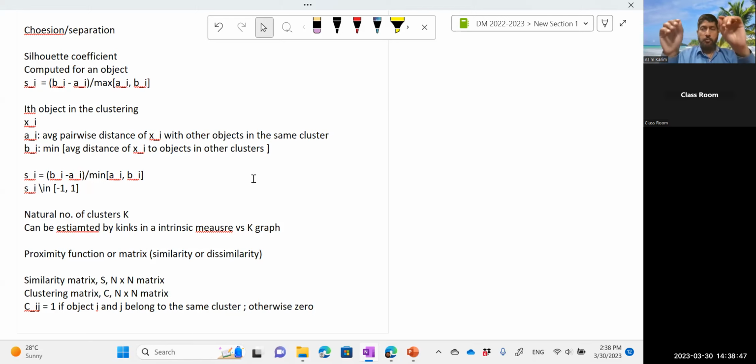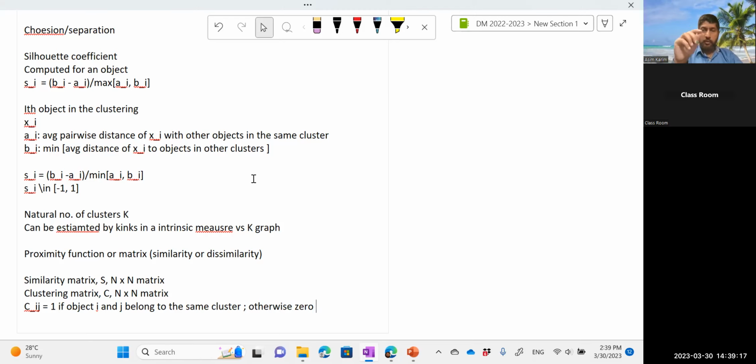So naturally, if two objects are in the same cluster and they correspond well with the similarity matrix, they should have a strong similarity also, right? So Sij should also be large if Cij is 1. And if Cij is 0, Sij should be small, right? So we now have two matrices, each with a number of values.